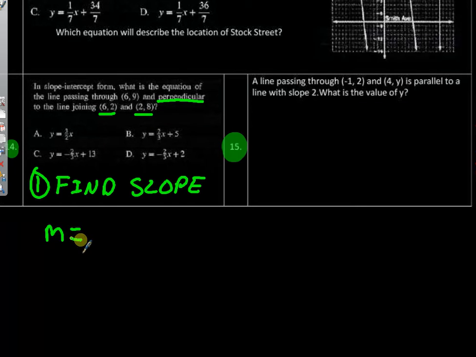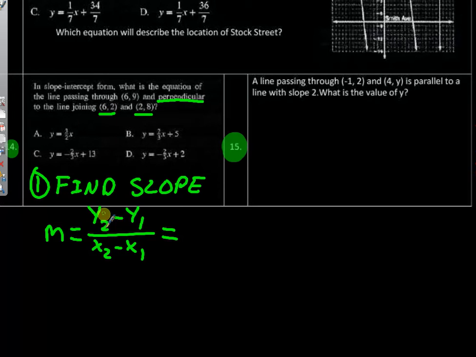So first step is find the slope. How do I find the slope between 2 points? Right. m is equal to y2 minus y1 over x2 minus x1. This is how I find the slope between 2 points.